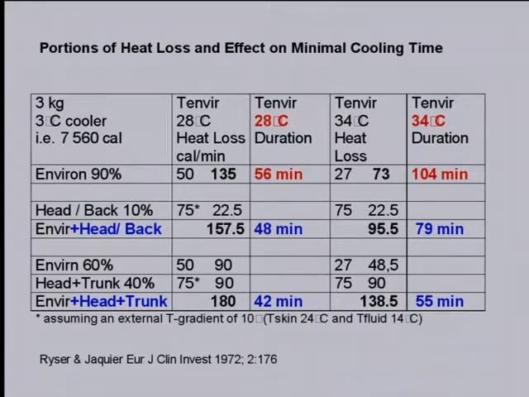If you, of course, wrap the whole baby, head and trunk, and cool, then it takes only 42 minutes to cool the baby down in a cold environment and 55 minutes in a warm environment. Very clear physics. The more area you cover with a cooling fluid in contact with the body, the faster it goes and the more calories you can extract.